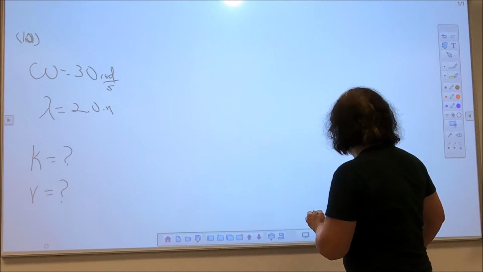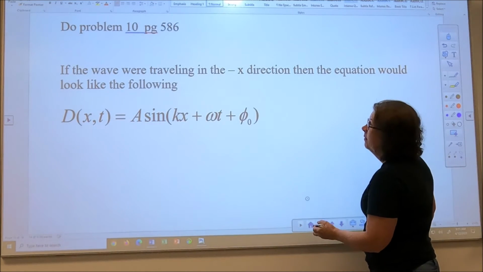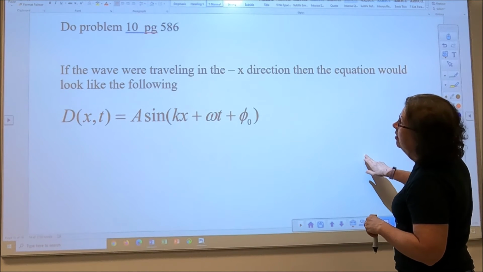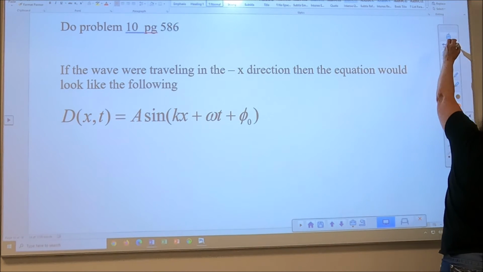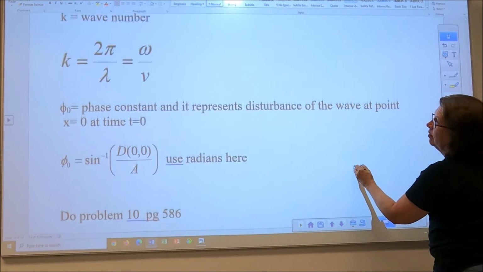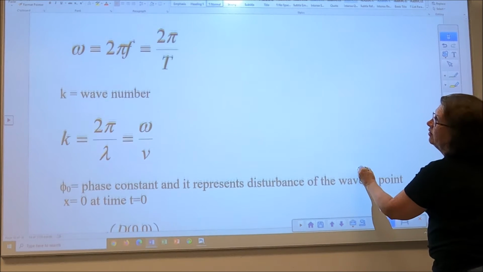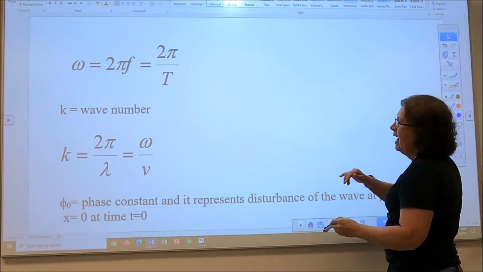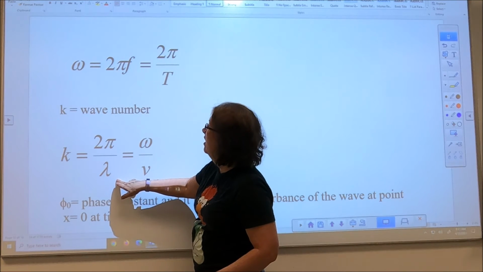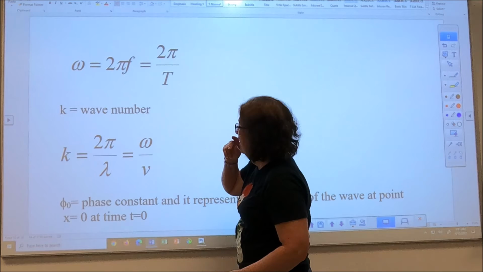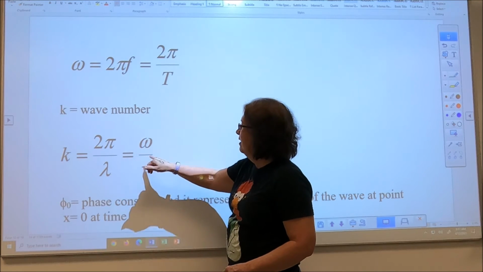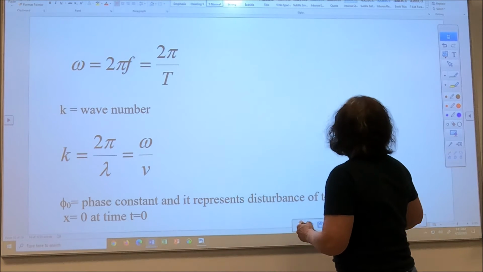Okay. Now, let's look at the other screen for a second. We come back up here. Notice that k is going to equal 2 pi over lambda. So I can get k, and then k is equal to omega over v.